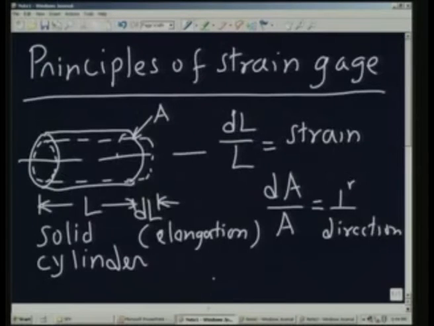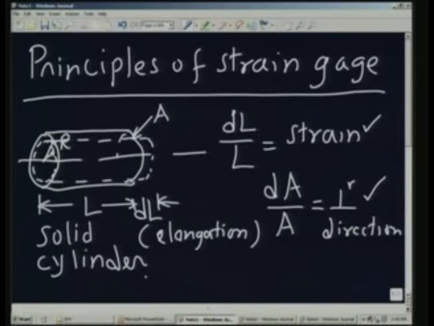So, we talked about a strain in the longitudinal direction. Now, we have talked about a change in area. Now, let us look at the strain in the longitudinal direction, which is nothing but dl by L, and in this case if the original radius is r, the radius is going to become smaller. Okay.